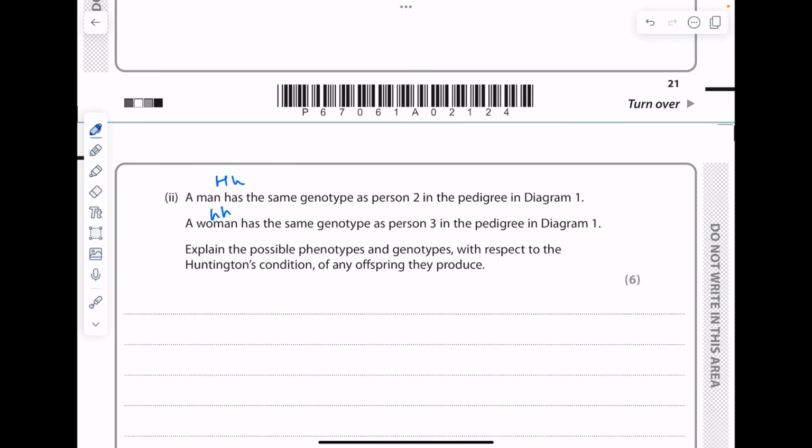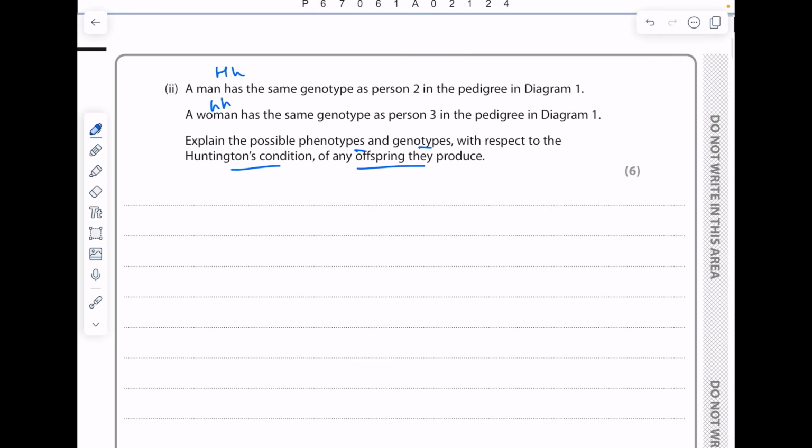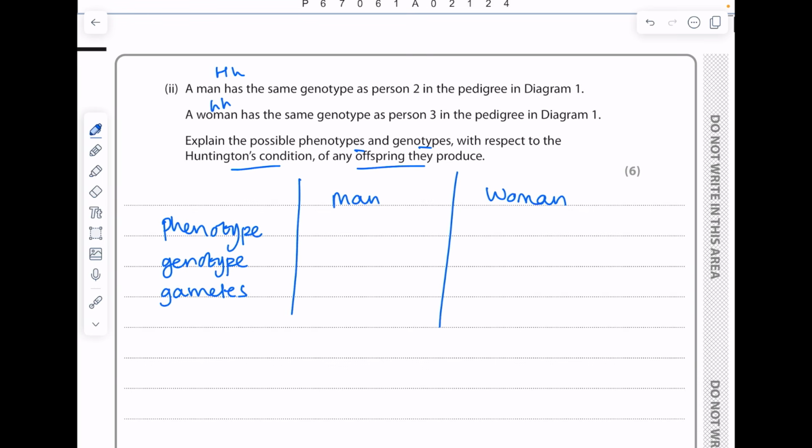Explain the possible phenotypes and genotypes with respect to the Huntington's condition of any offspring they produce. So again, we can use our layout. So we're going to have man, woman, phenotype, genotype, gametes. So we know that this person here has the disease. This person is healthy.